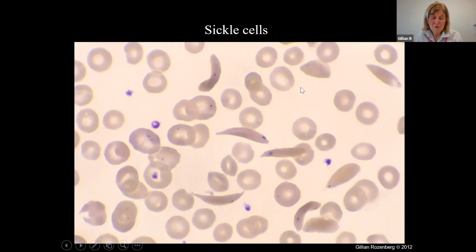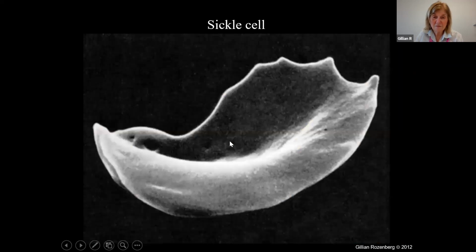So you get, for want of a better term, splenic infarcts occurring in the spleen. And if you get hyposplenism, for example, which is the result of the splenic infarcts, you can get features of autosplenectomy, one of which is Howell-Jolly bodies. So that's why you see Howell-Jolly bodies in the red cells. And here's the classical, beautiful sickle cell under the electron microscope.